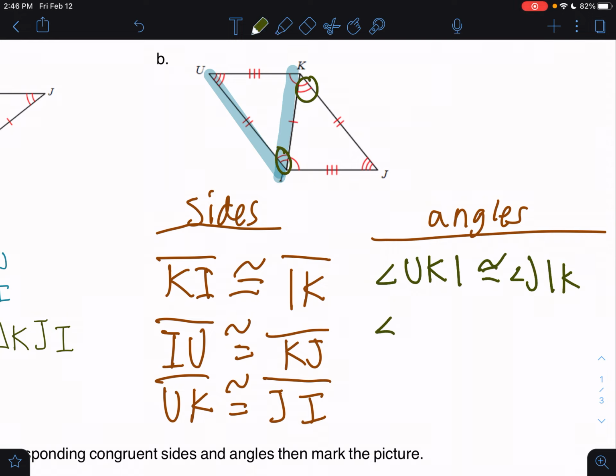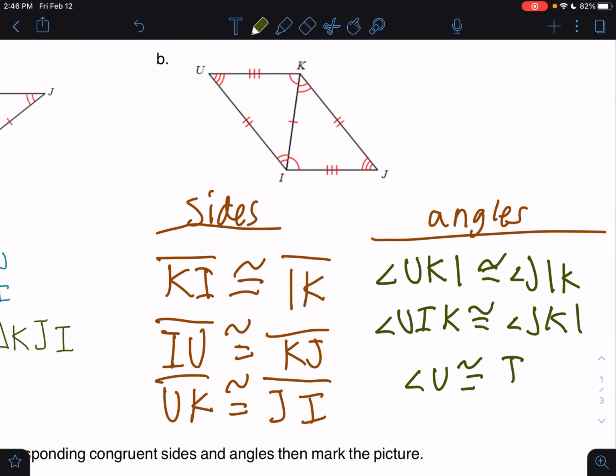So that would be angle U, I, K is congruent to, and then again we have to go 3, 2, and then 1. So I'm going to start on my 3, go to 2, and then go to 1. So that's congruent to angle J, K, I. And now our last ones we don't have to use 3 letters for because they don't share with anything else, so angle U is congruent to angle J.